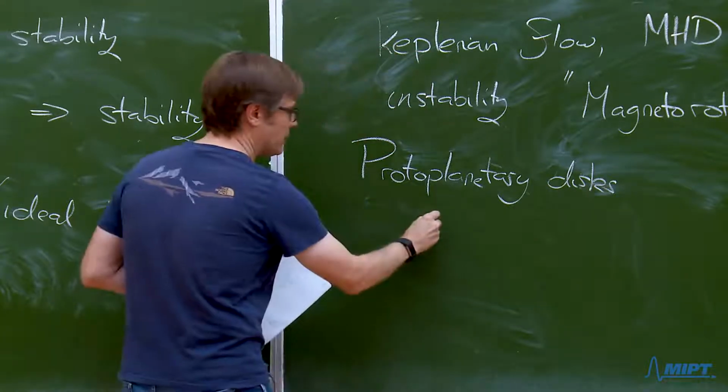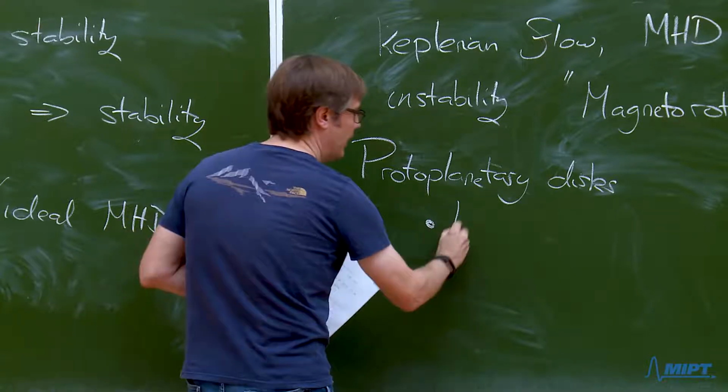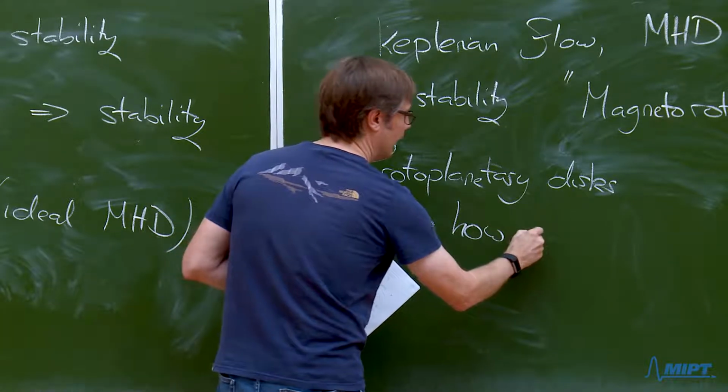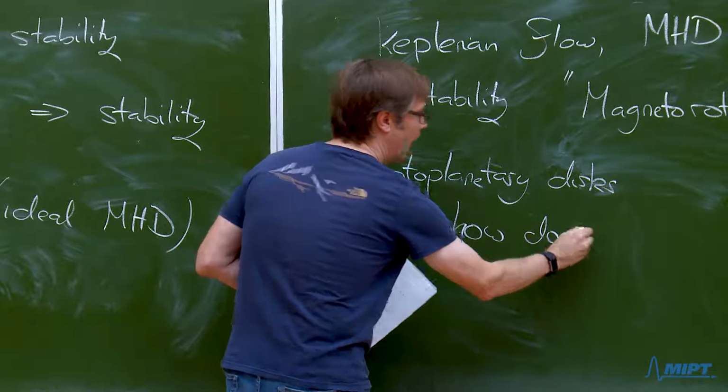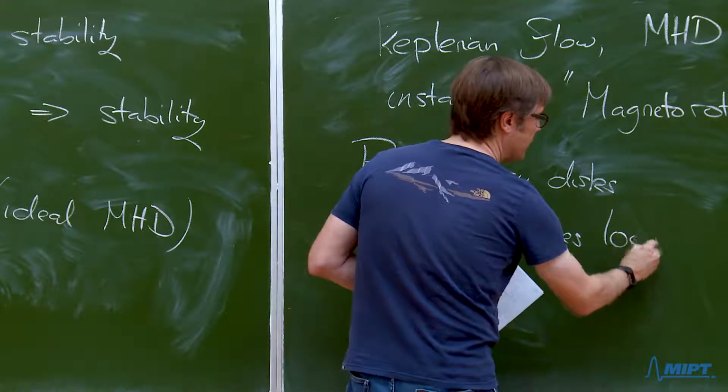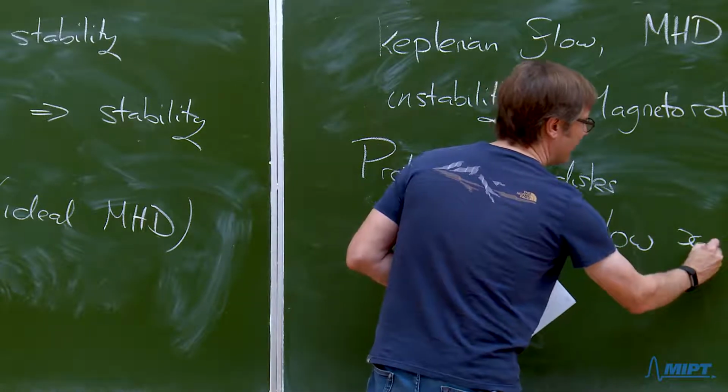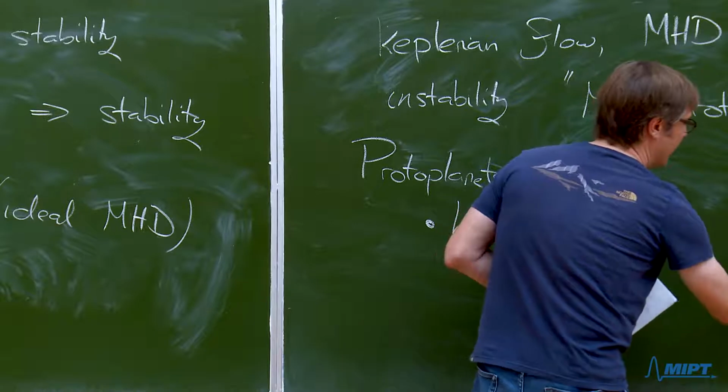So we have two questions. One is, how does the low ionization fraction, write that as Xe, affect things?